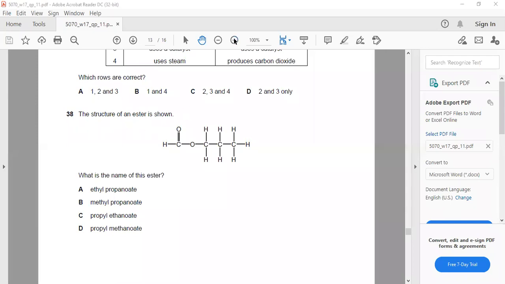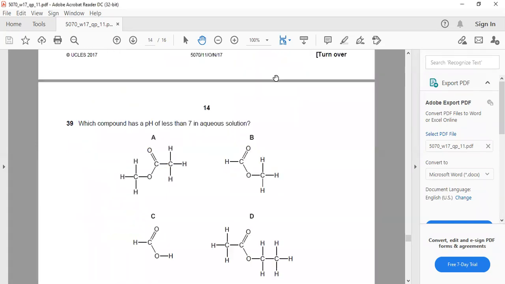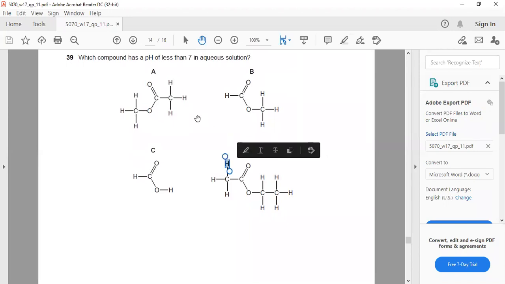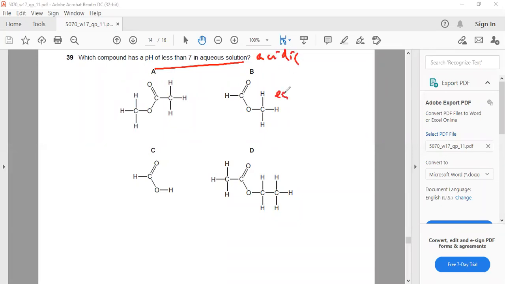39. Which compound has a pH less than 7? Less than pH 7 means acidic. Ester, neutral, ester, ester.